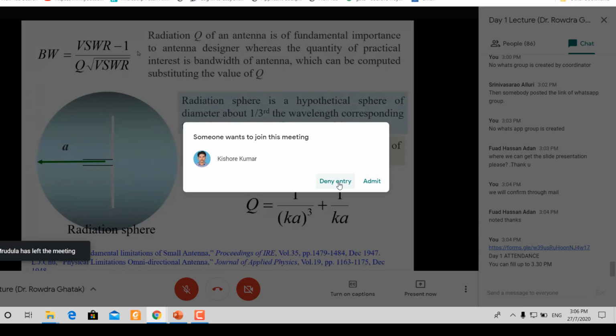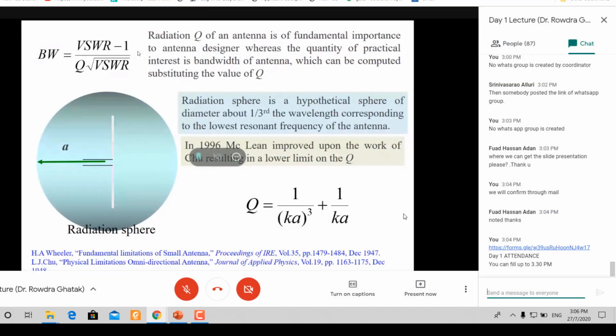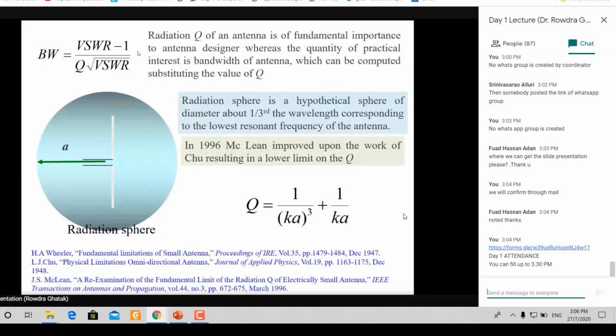If you only use F0 by delta F, it will not be a precise way of finding it out. So you have to take up quality factor determining methods that you can use to get the value of the fractional bandwidth, so to say.